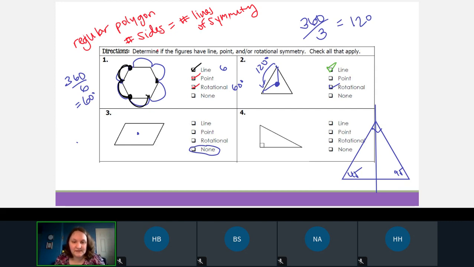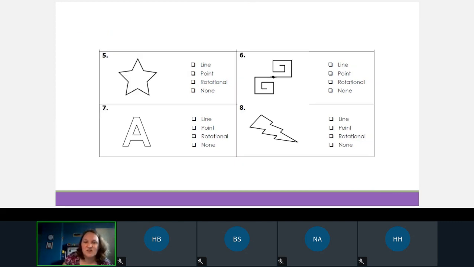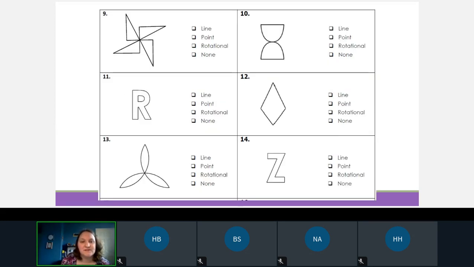All right, let's look at some other examples here. There's all kinds of fun examples in these notes, and I'm not going to go through every single one of them. Let's look at this page. All right, I'm going to turn your whiteboard tools on. I want you to pick one on the screen, just one, and maybe one that you definitely know the answer to, and just give me a check mark.